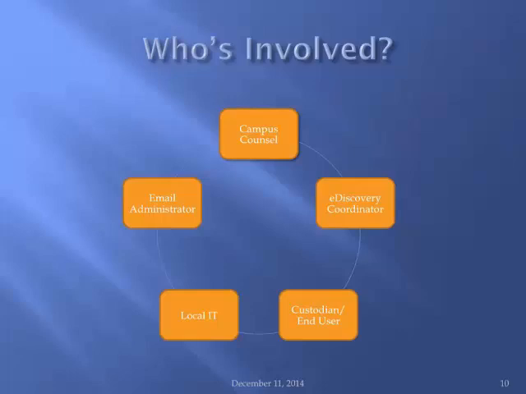A preservation letter is also sent to the campus email administrator, and that's, as you all know, enterprise messaging or MedNet, but there are times where the local department hosts their own email. So then it would only be one letter that they would get, and it would cover email as well as documents on the local server and things like that. So these are the folks that are involved.